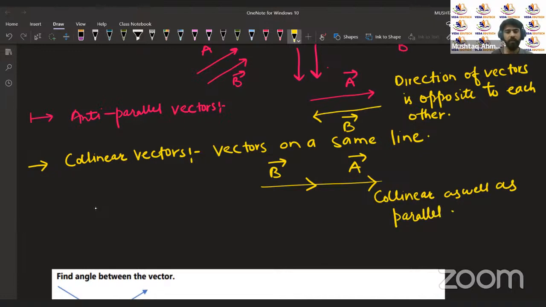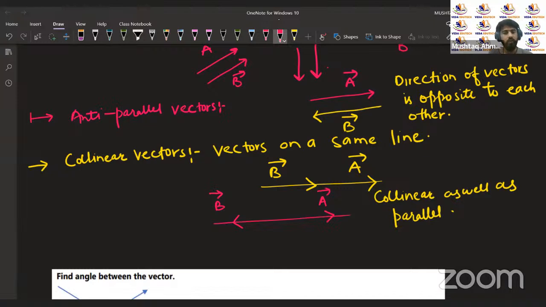So they are along the same line, they are on the same line. We call such vectors collinear vectors. In this case, vector A and vector B are collinear as well as parallel to each other. Let's see another example. Suppose vector A is like this, vector B is like this.